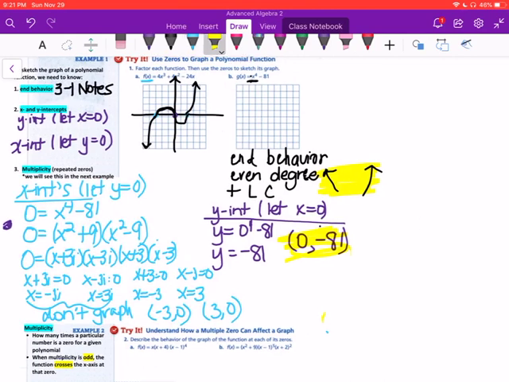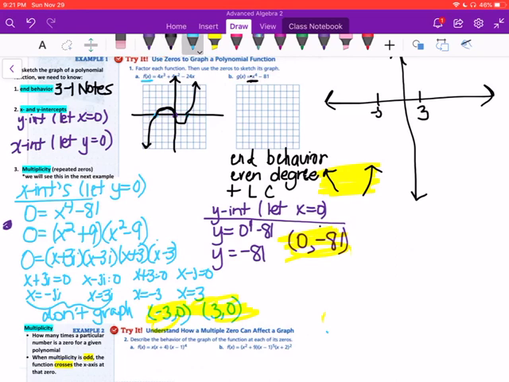Since our y-intercept is so far down, let me just draw a sketch out to the right here. That way I don't have to worry too much about all those individual graph tick marks. Okay, so let's see. I see that there is a 0 at negative 3, so I'm just going to put a point here and call it negative 3. And one here and call it positive 3. So x-intercept, x-intercept. A y-intercept at (0, negative 81).